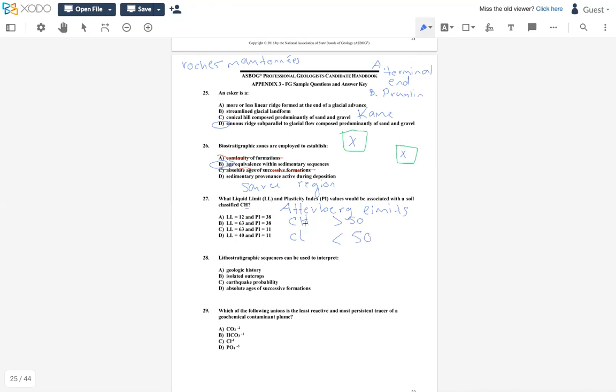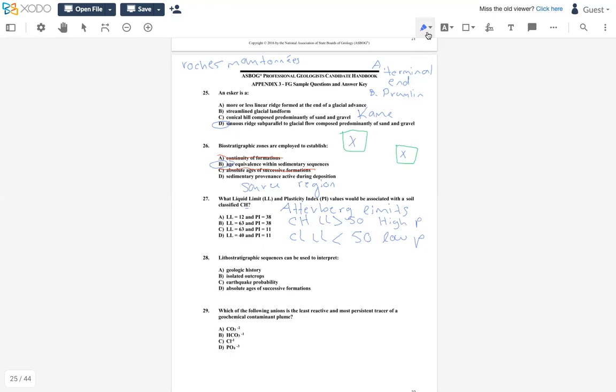And then knowing that, I remember that a CL soil has low plasticity, so I'm going to say low P to save room. And a CH is going to have high plasticity, so high P. So we have a CH soil, so we're going to have a liquid limit that is greater than 50.